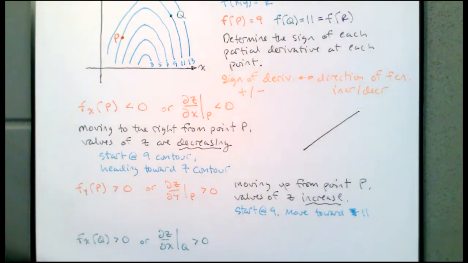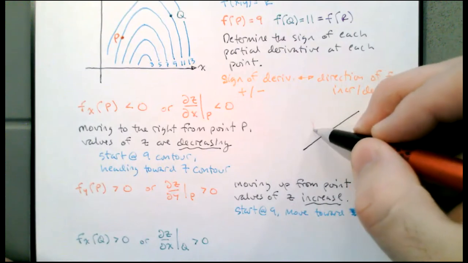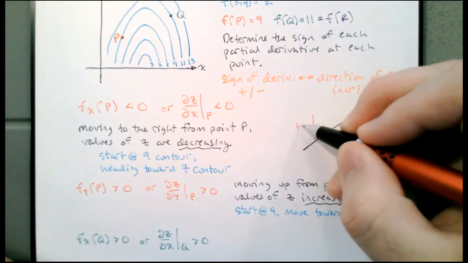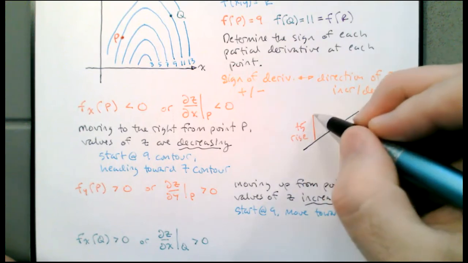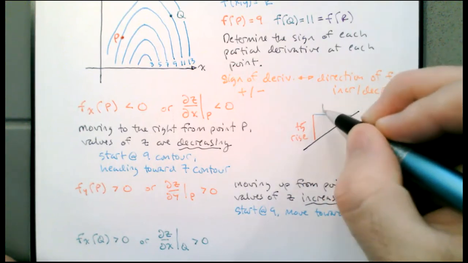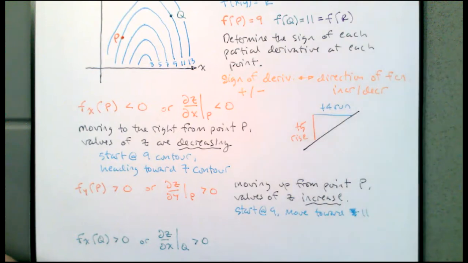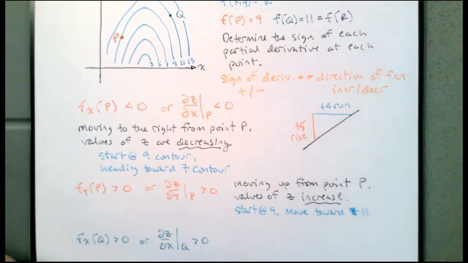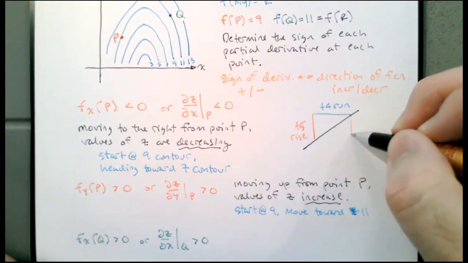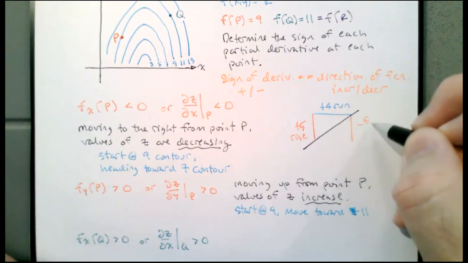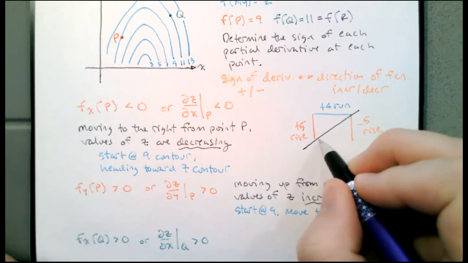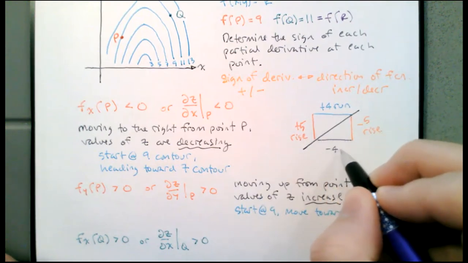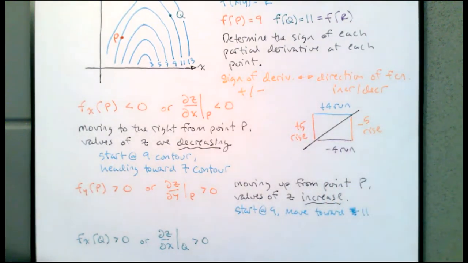A positive 5 rise with a positive 4 run is the same as a -5 rise paired with a -4 run. 5 over 4 is the same as -5 over -4.